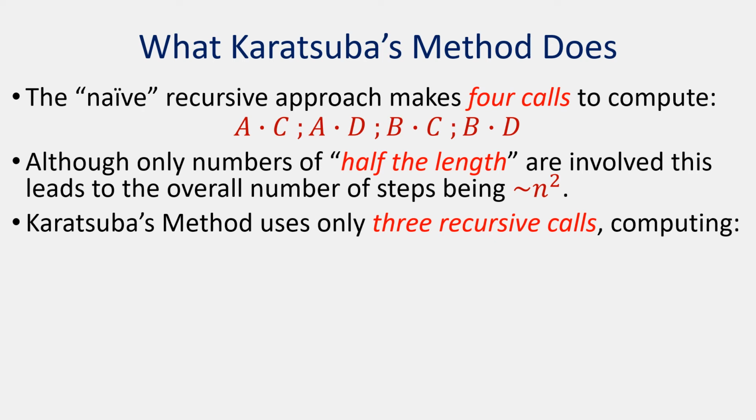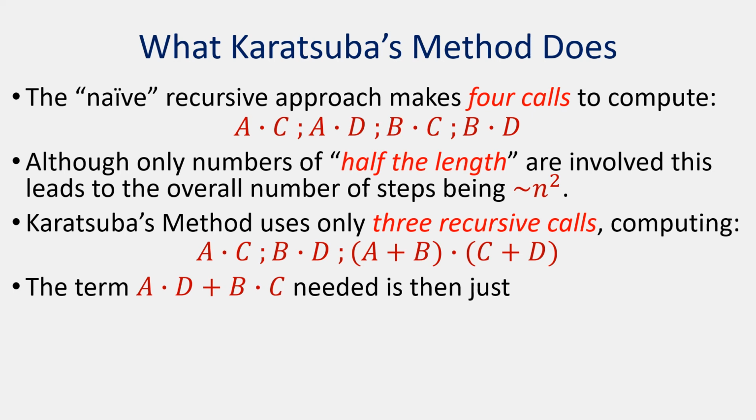In Karatsuba's method, we don't use 4 recursive calls. We use 3 recursive calls, and we compute these 3 subproducts as multiplications. The term that we need, these 2 terms in the middle here, is just the result of our seemingly redundant multiplication, this one, and we subtract from it the 2 necessary terms, this one here and this one here.